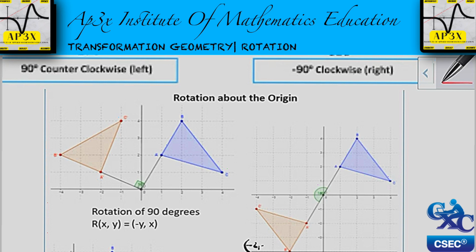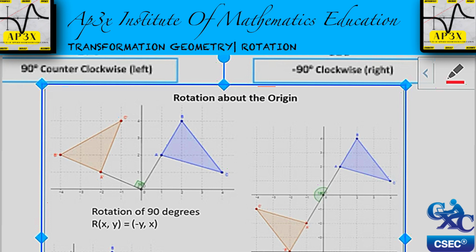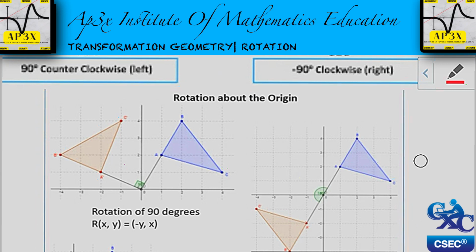I'm not sure how I just made this discovery, but it is quite a cheeky little way of remembering the matrix. All right, but let us first look at identifying the change that occurs after each rotation.